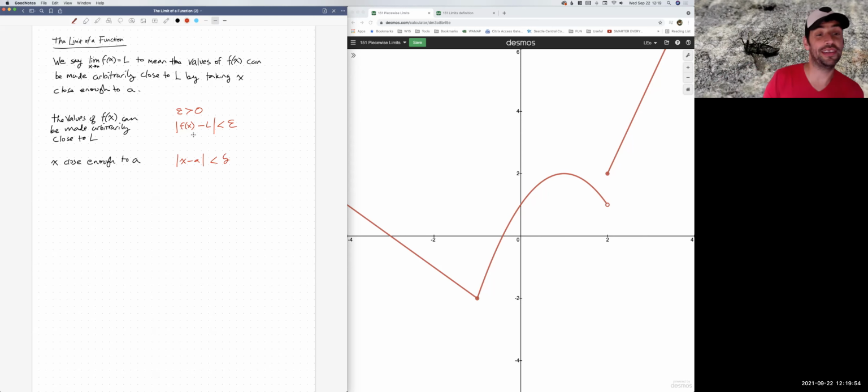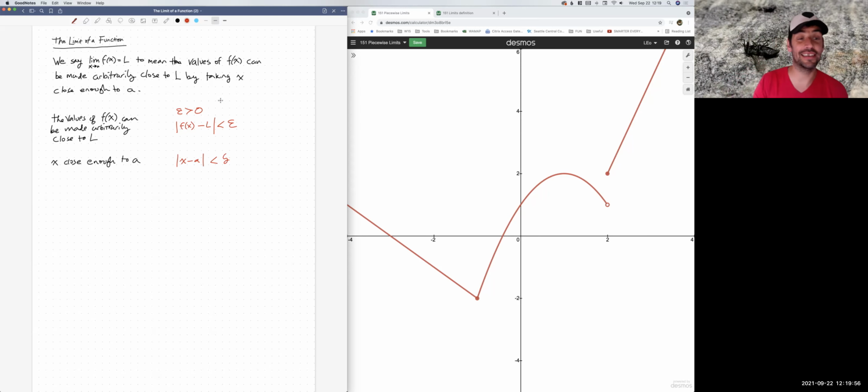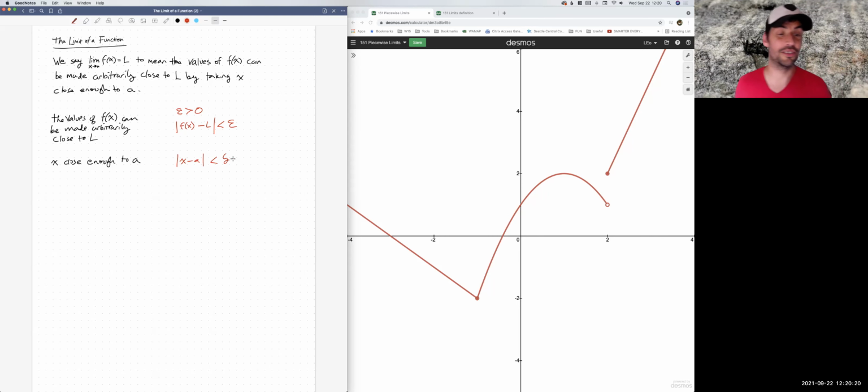Okay, so what we're saying is, given any small number epsilon, any tiny positive number, I can make the absolute value of f of x minus L less than that number. I can make the distance of f to the limit less than that number, as long as I keep x close to a, and the closeness is defined by this little delta.